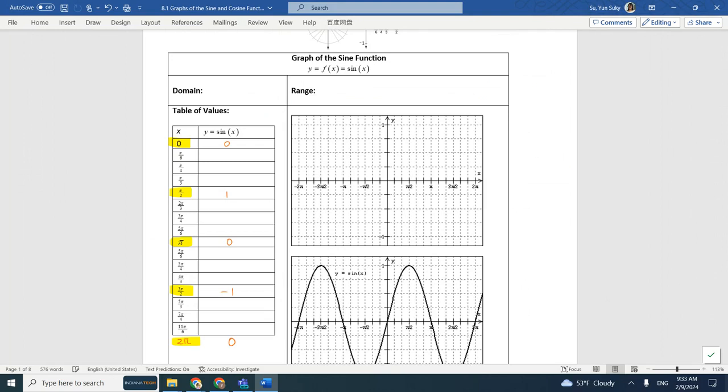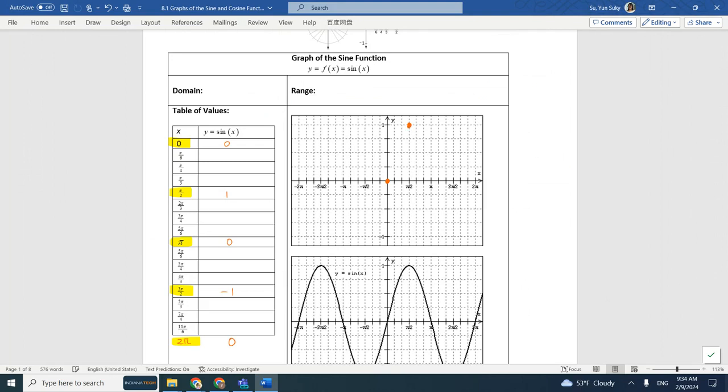With the 5 key points, let's plot those on the xy plane. Okay, so x is 0, y is 0. Where is that? The origin. Everybody? The origin. Okay, so plot the origin. And then pi over 2. When x is pi over 2, the y is 1. Where's 1? Up there.